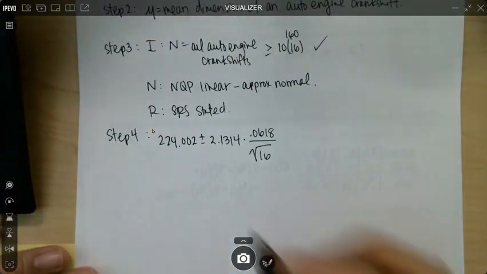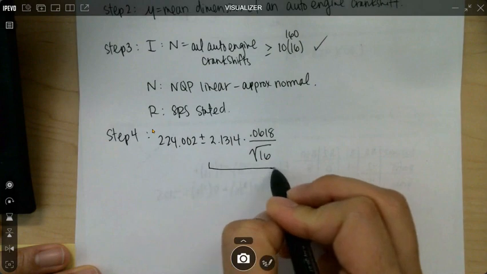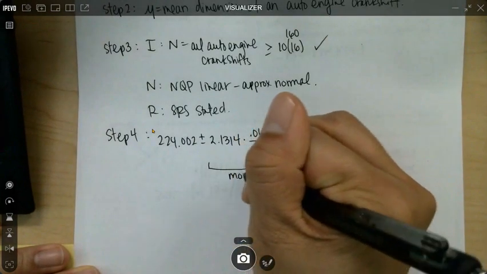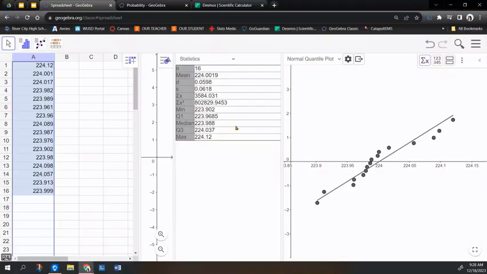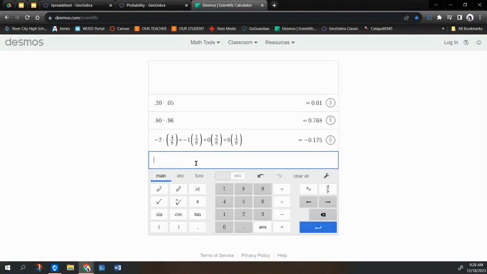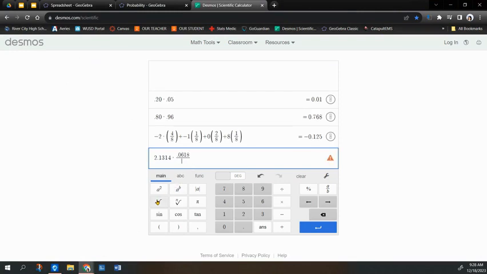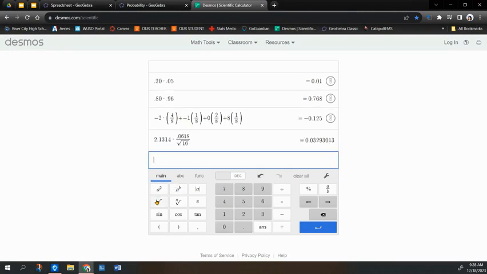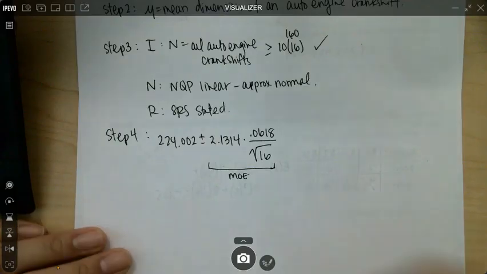All right, so I'm going to put this second part in our calculator. Remember, that's going to be our margin of error. So 2.1314 times 0.0618 divided by the square root of n. So that's 0.033.